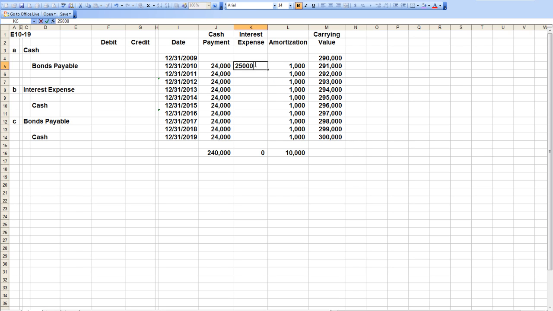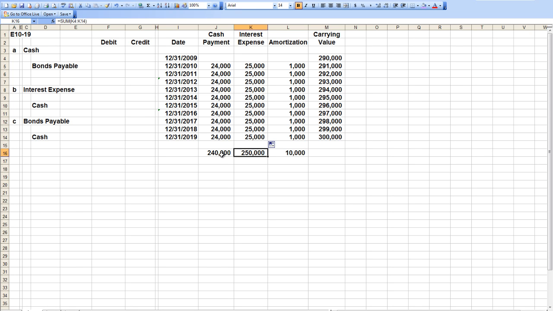So this is going to be $25,000. So every year now, this is going to be $25,000. Notice where the name straight line comes from: straight line means the same amount every year. Notice my total interest expense is $250,000 over the 10-year period.